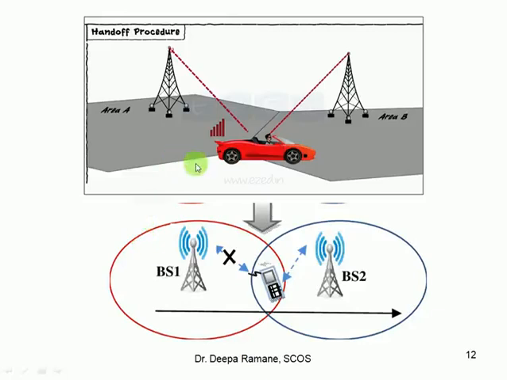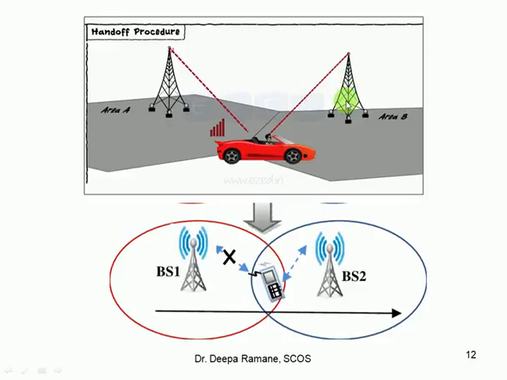See this example. When my car is in this particular zone, it will be provided all the services by this tower. Now when this man is moving from this area to another cell, he has to be given all the services by this other tower.